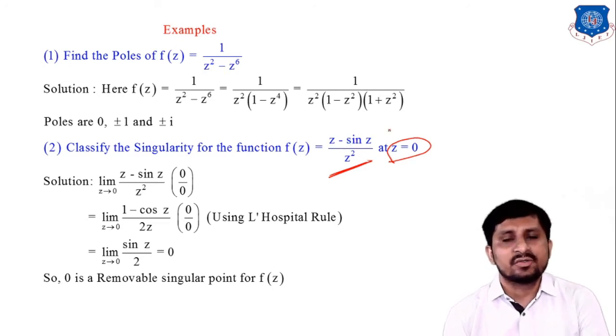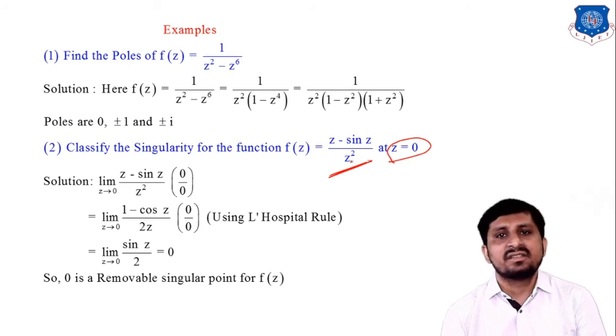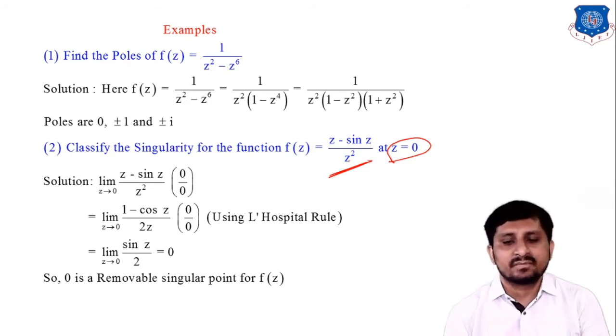In the numerator we have z minus sin z; z is an analytic function, sin z is also analytic, so the subtraction of two functions is also analytic. In the denominator z square is also analytic. So the whole function is analytic, but at point 0 the denominator becomes 0, so z equal to 0 is a singular point. The given function is not analytic at point 0.